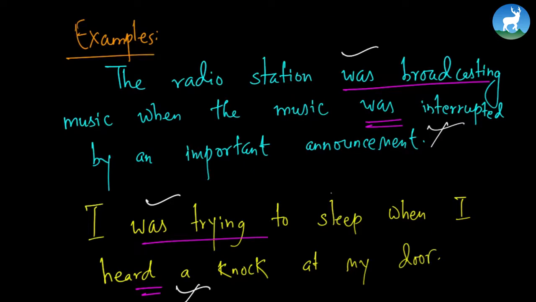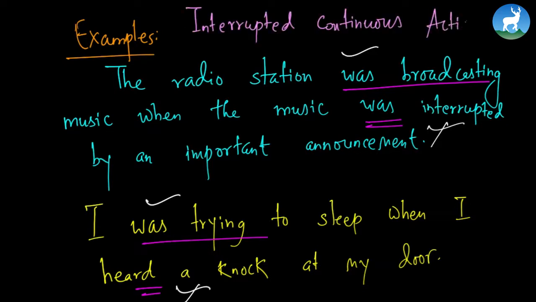I was trying to sleep when I heard a knock at my door. So you heard the knock at your door, so you could not sleep. You were trying to sleep. That's why we call this interrupted continuous action. What do we call it? We call it interrupted continuous action. So while describing interrupted continuous action, we actually use the past continuous tense. Very good.